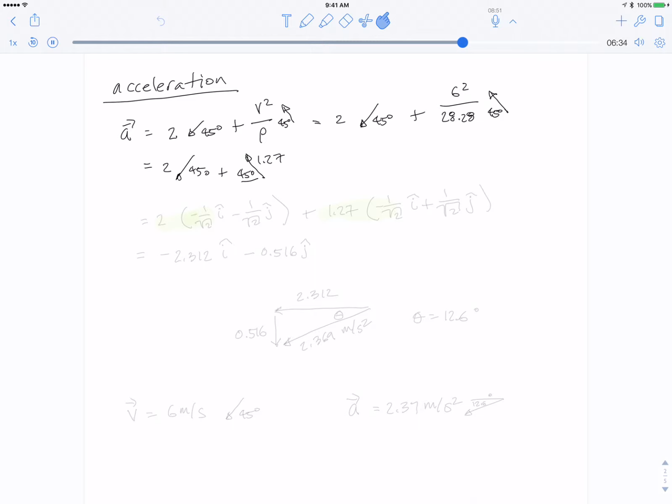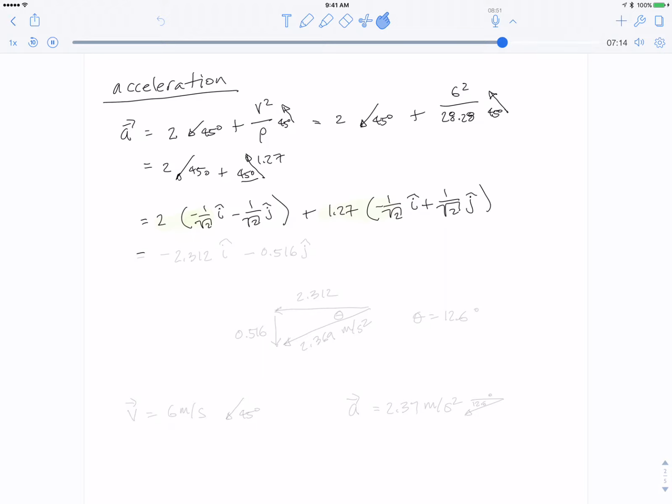So I'm going to proceed from here a little different than what the book does. I'm going to break these vectors into their x and y components. So that's going to be 2 times minus 1 over root 2 i minus 1 over root 2 j. Okay, so that's a unit vector going down to the left at 45 degrees. Plus 1.27 times minus 1 over root 2 i plus 1 over root 2 j, and that's the unit vector going at 45 degrees up and to the left.